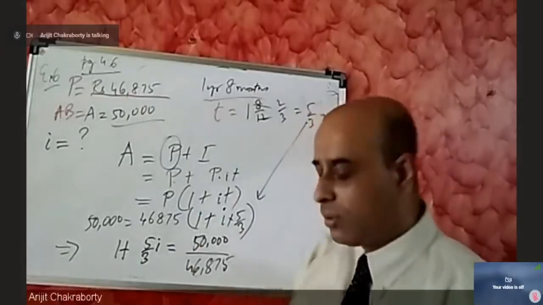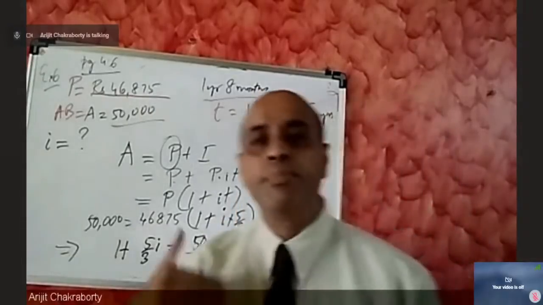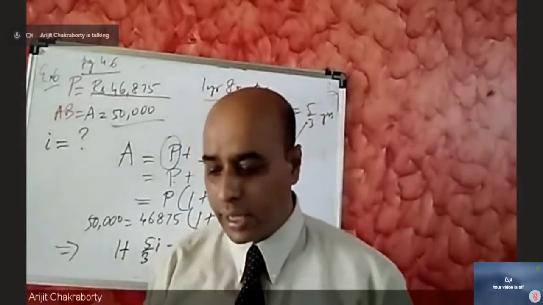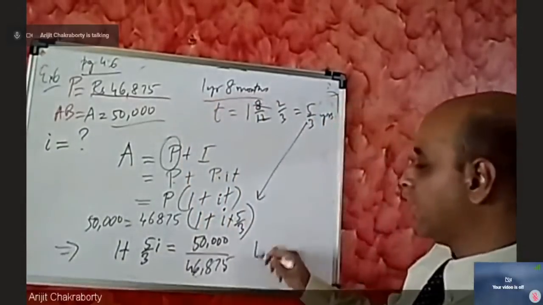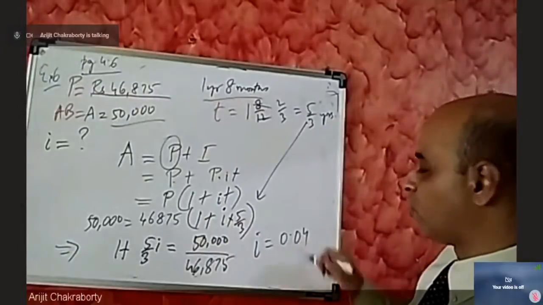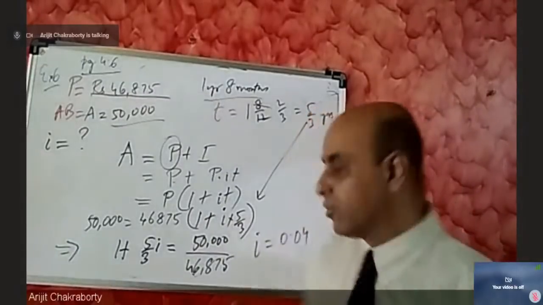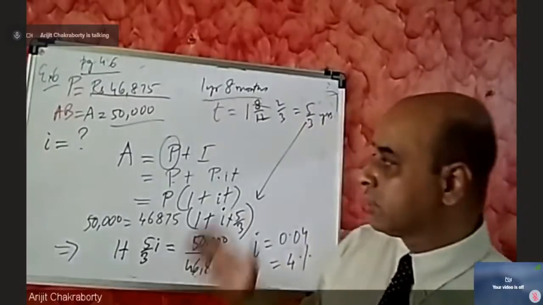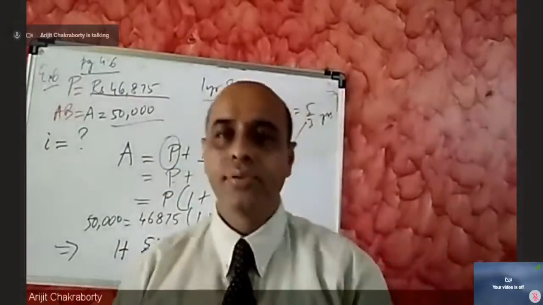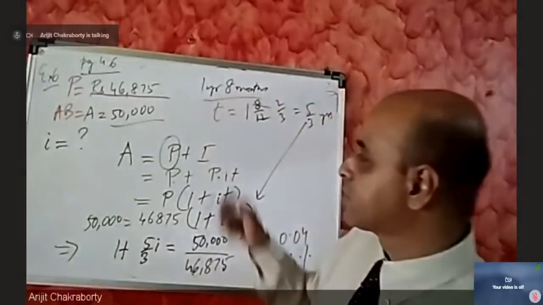If you simplify this using a calculator, you will find that the interest rate I comes to 0.04, which means it is 4%.